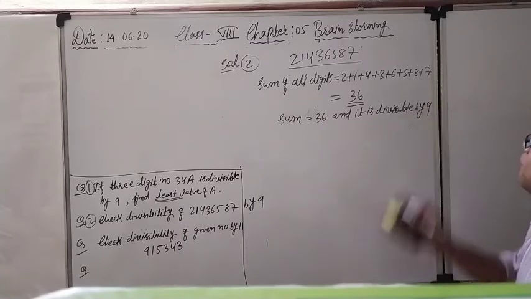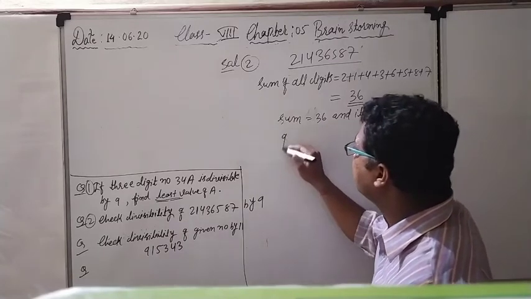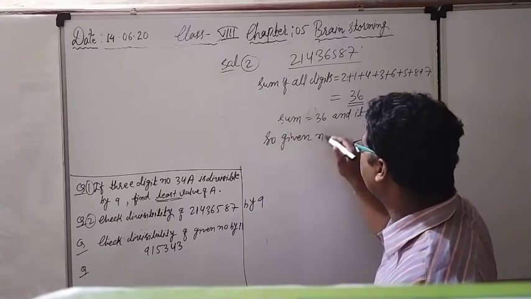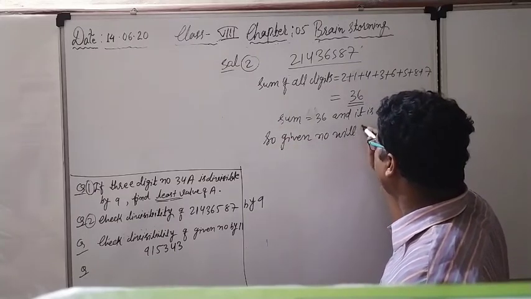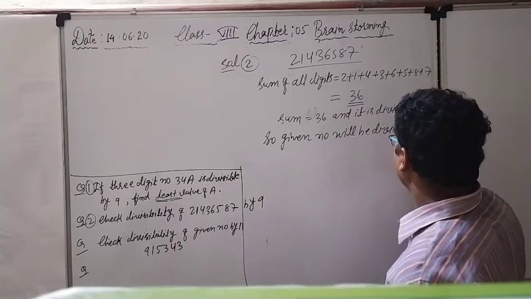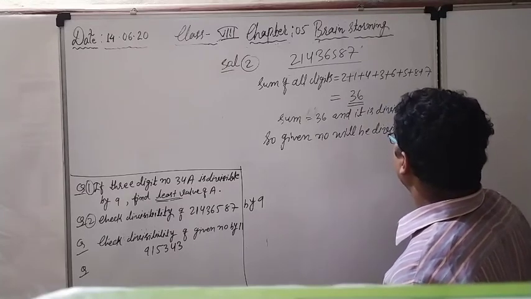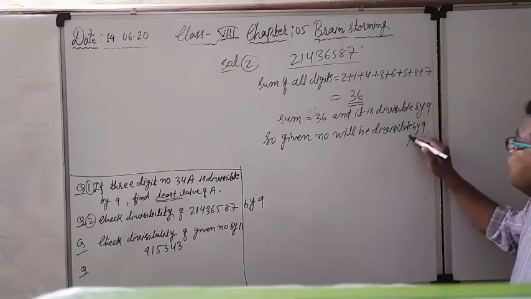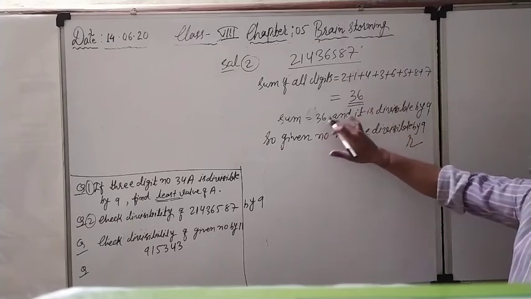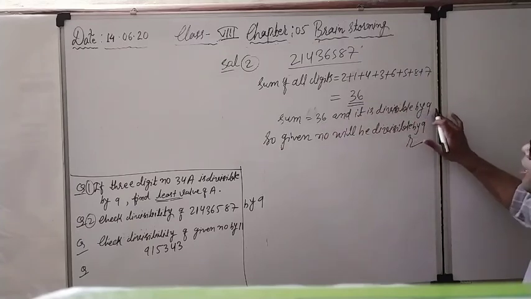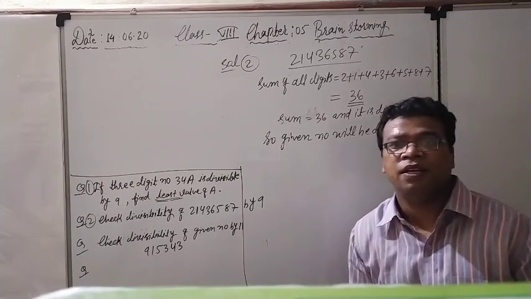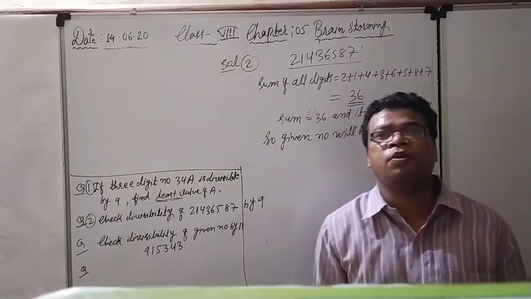So if the sum is divisible by 9, definitely the given number will be divisible by 9. That is the rule. You only have to go for the sum of all digits, and whatever you are getting, if it is divisible by 9, definitely the given number will be divisible by 9. Till here I am going to finish. Next time I will solve some more problems.